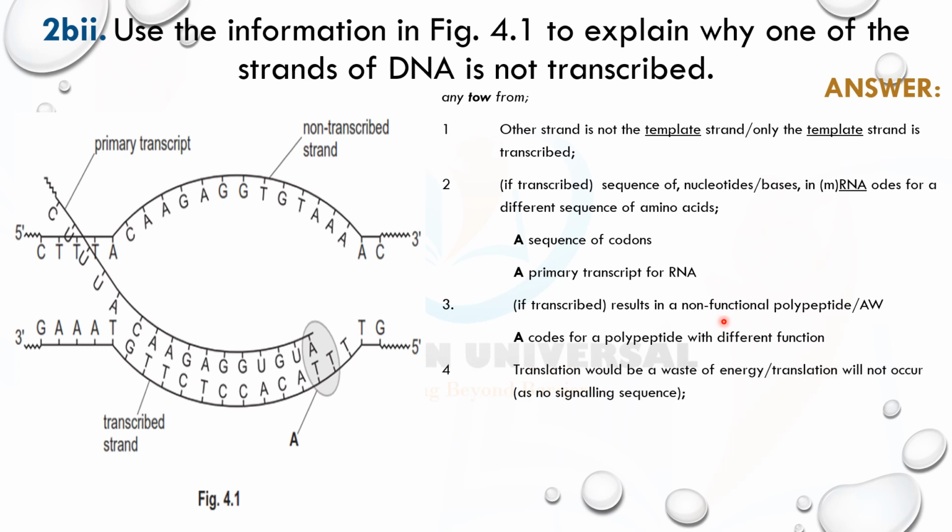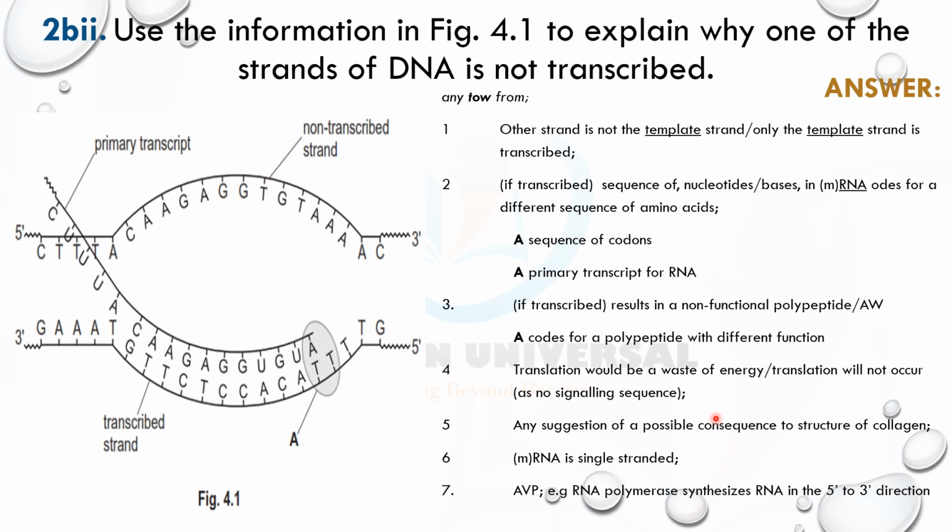So translation will be a waste, because it has coded for something that has no use, translation will not occur. These are the consequences for collagen. And mRNA is single-stranded, so RNA polymerase synthesizes RNA in this direction. We've said it. Okay, let's go to the next question quickly.